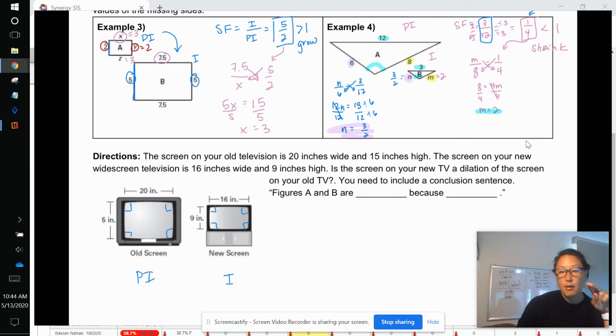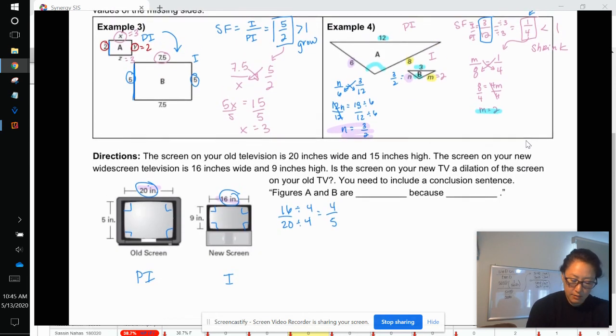Yes. Now we have to check the ratio of sides. So let's take the vertical side, 16 over 20. We will reduce that by 4, giving us 4 over 5. Cool? Yeah. So it shrinks, that makes sense.